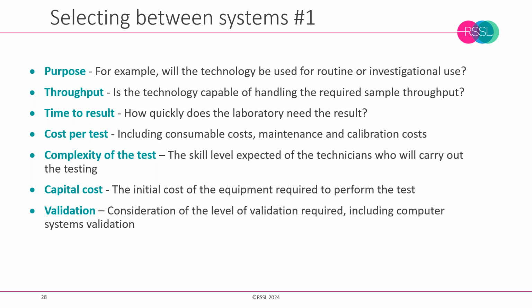We also need to consider the complexity of the test, like what's the skill level required? Do we need graduate scientists to execute or not? Capital cost, of course, and also then validation as well. So, what do we actually need to get this instrumentation online?